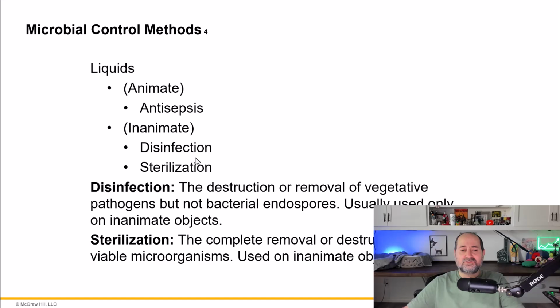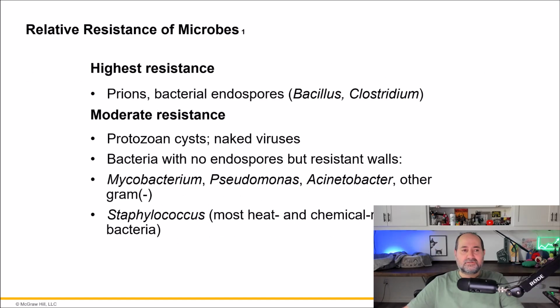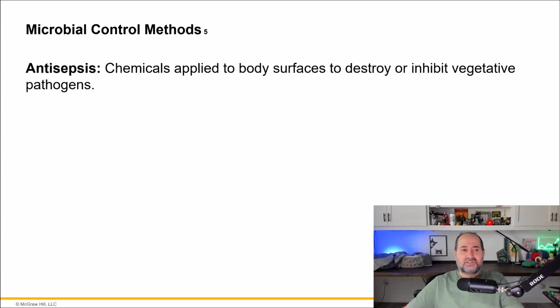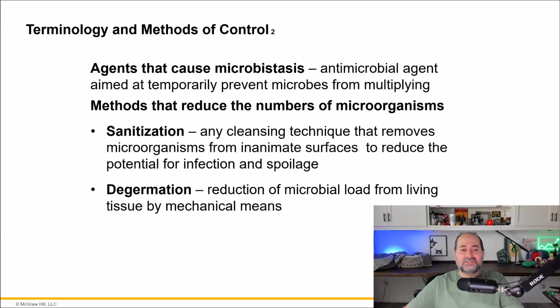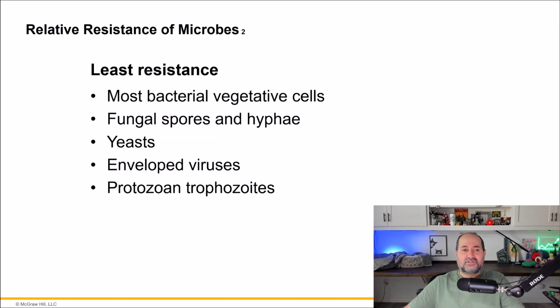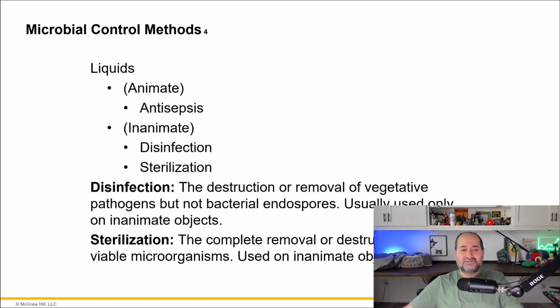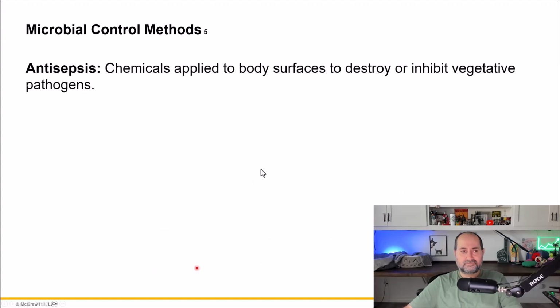Please know these terms in detail: sterilization, disinfection, antisepsis, sanitization, degermation, because I might ask for the definitions of each. And remember, the gold standard is sterilization, in terms of complete removal or destruction of all viable microorganisms and infectious agents.